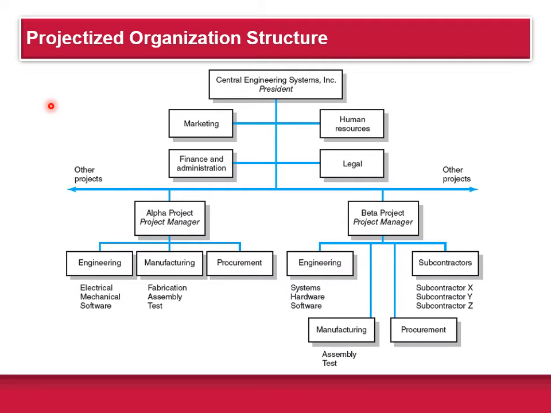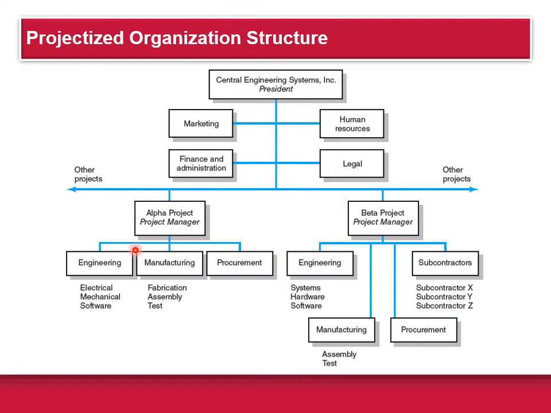So instead of one or two special projects, this organization consists of sets of quasi-independent teams working on specific projects. In this case, the main responsibility of the traditional departments like marketing, human resources, finance, and legal is to really support the project teams. That's all they do. So here, for example, you have an alpha project manager, a beta project manager, maybe a different one here, and they're sort of like their own company within a company.